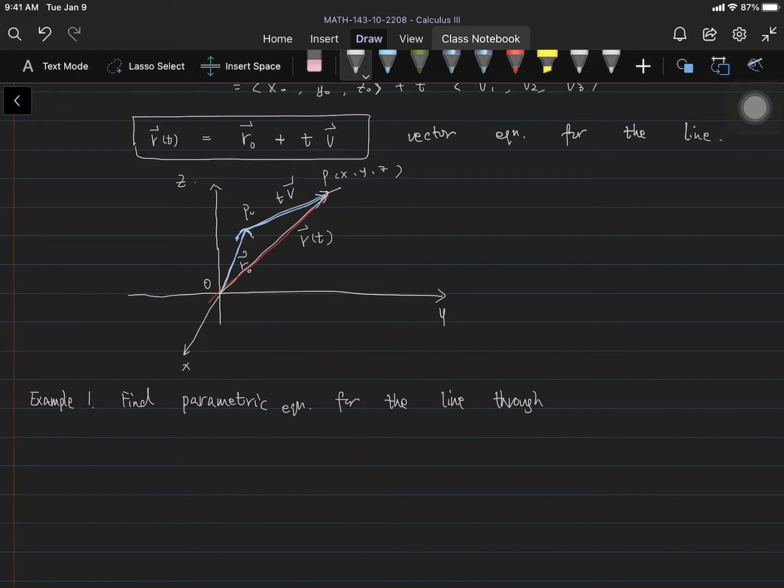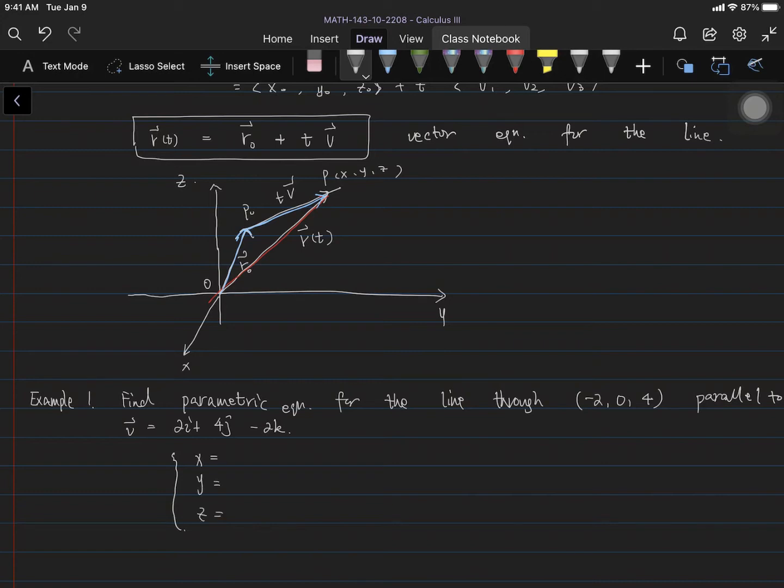That means the point P naught is given, and the line is parallel to this vector, which is 2i plus 4j minus 2k. For this kind of problem, it's pretty easy. We can write down the parametrization directly using the formula.